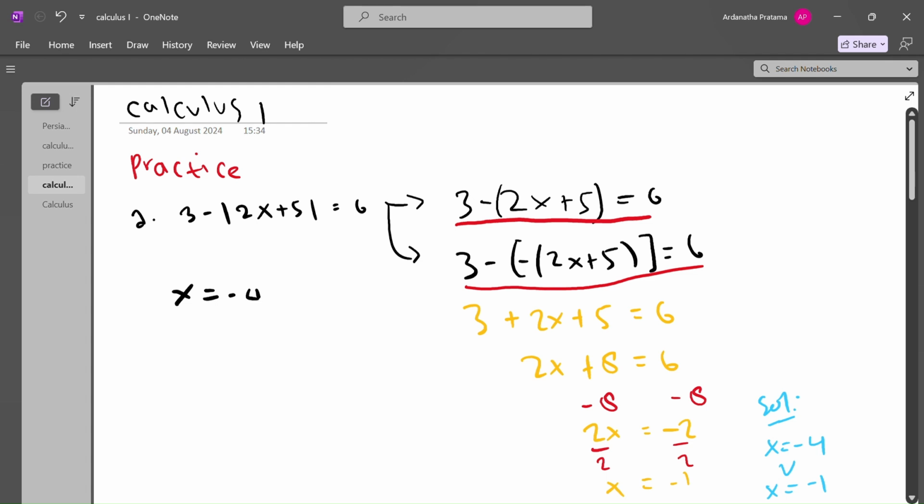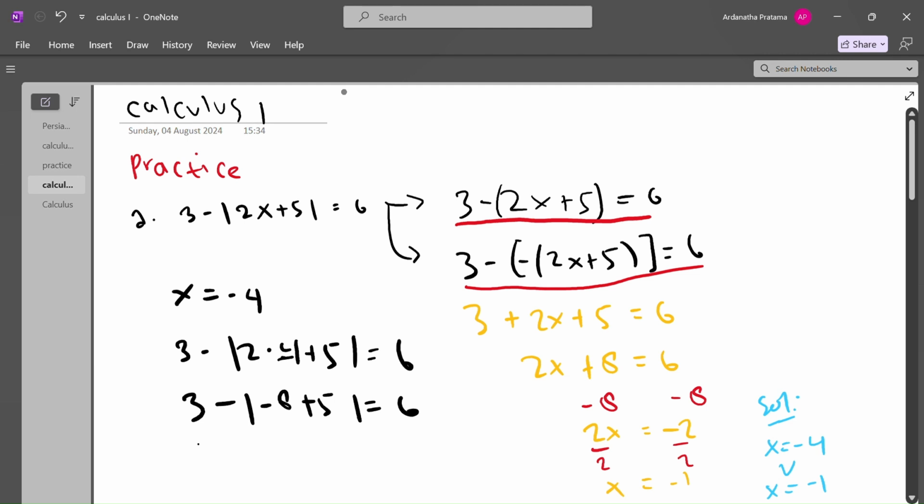Okay, so if we have x equals minus 4, we have 3 minus the absolute value of 2 times minus 4 plus 5 equals 6. Here's the minus sign, sorry. So we have 3 minus the absolute value of minus 8 plus 5 equals 6. Minus 8 plus 5 is minus 3.